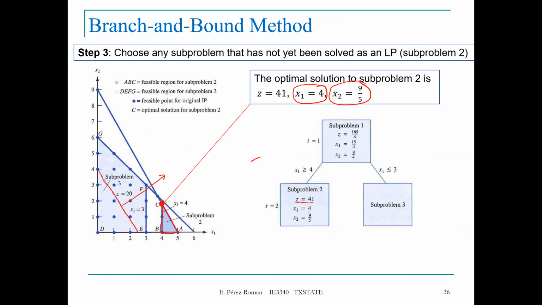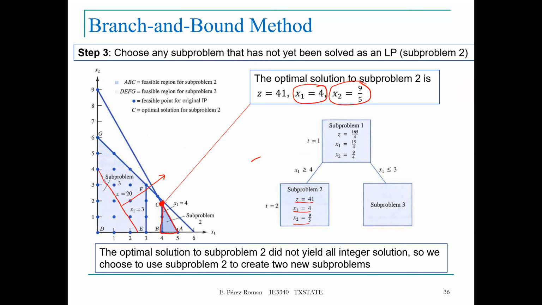Z equals 41, x1 equals 4, and x2 equals 9/5. The optimal solution for subproblem number 2 did not yield an all-integer solution, so we choose to use subproblem number 2 to create 2 new subproblems.